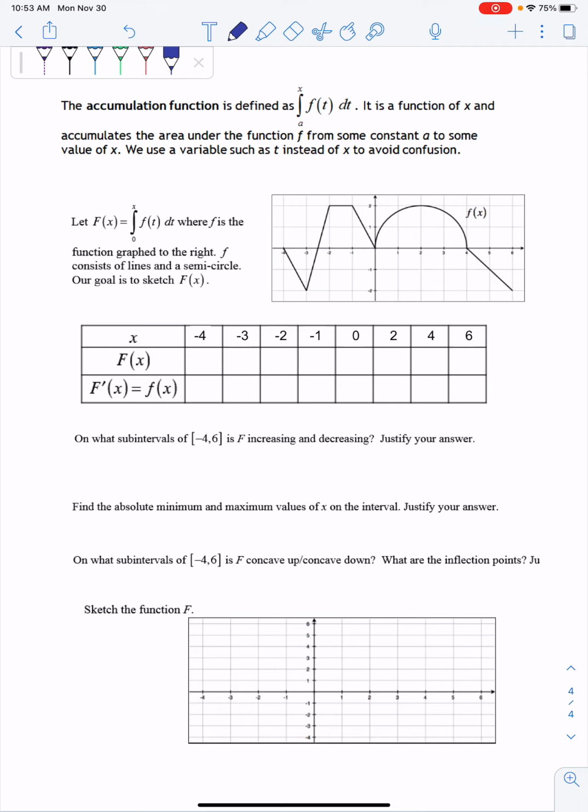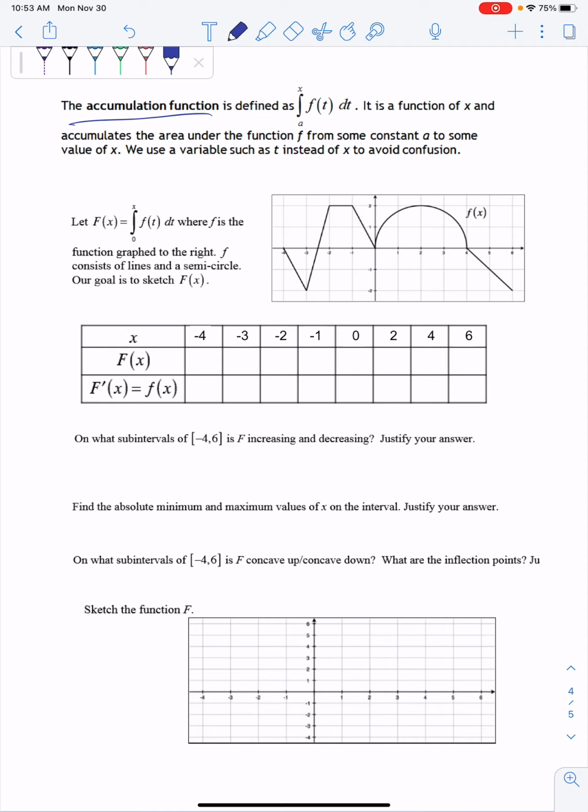So basically, this problem is looking at accumulation functions, and really it's just taking everything that we've done so far and plugging it all into one problem. The accumulation function is defined as an integral from a to x of f of t dt. Basically, the function of x accumulates the area under f from some constant a to some value of x.